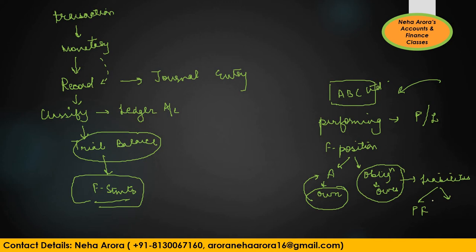Now, starting with the statement to analyze the performance of the business enterprise: the statement used to judge how the organization has performed during the year is known as the statement of financial performance, which is nothing but the trading and profit and loss account.